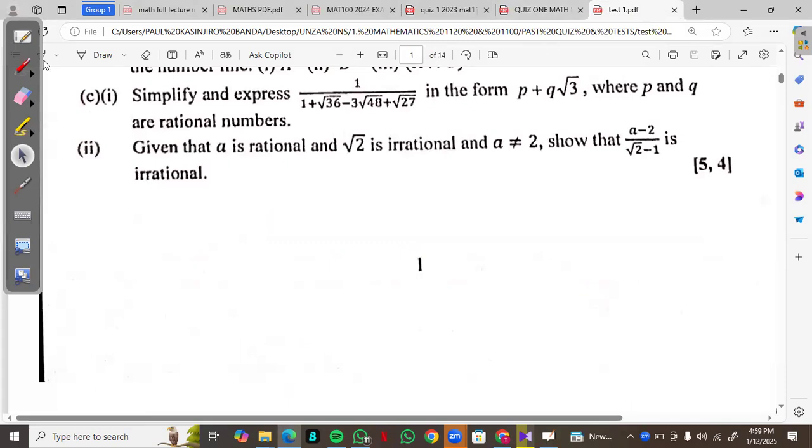So we have these questions that read: simplify the expression 1 over 1 plus root of 36 minus root of 48, plus root of 27, in the form P plus Q root of 3, where P and Q are rational numbers.